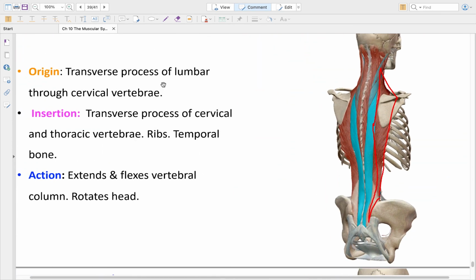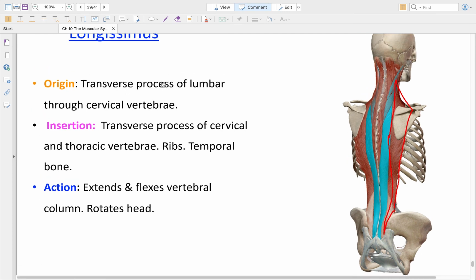And it's going to stay connected to the transverse process through the entire spine. So it's connected to the transverse process all the way through the lumbar, thoracic, and cervical spine.